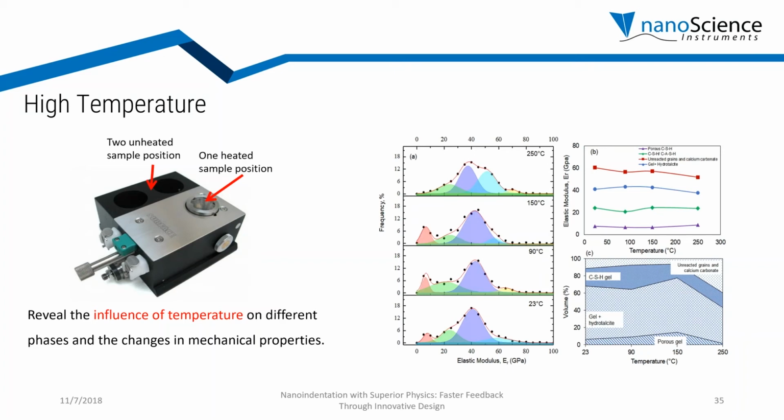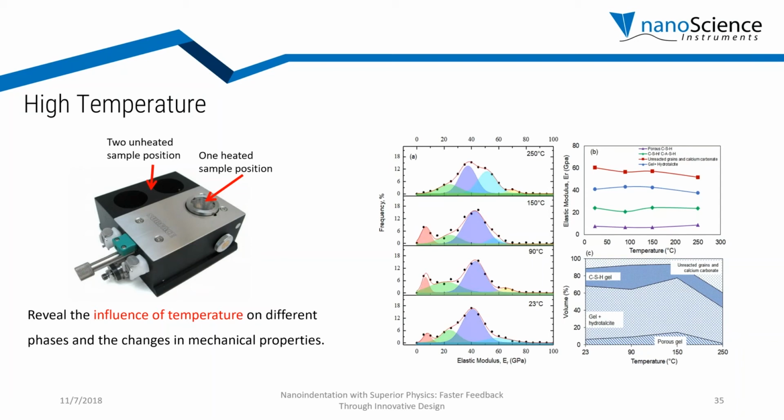So what we allow with our nanoindenter is that you can mount your sample on our high temperature stage, and this is a laser heated stage. What's the difference between laser heated and a conventional resistive heater? The laser heated is very local and very fast. So you can basically cut down the time of the experiment. You can heat your sample as well as the tip.